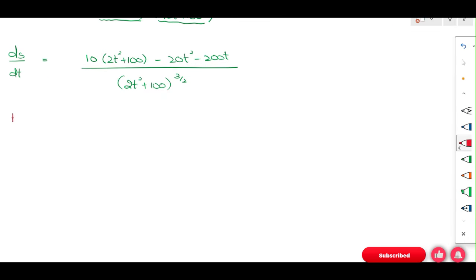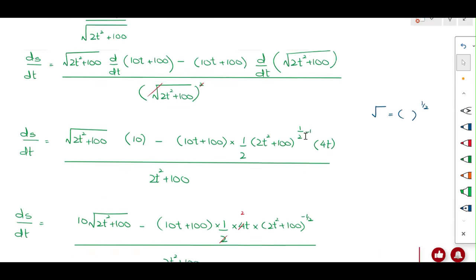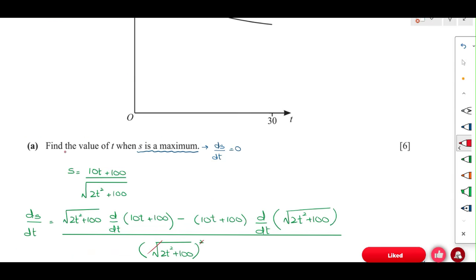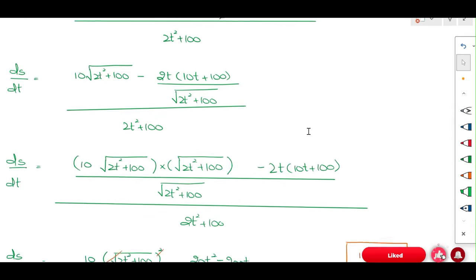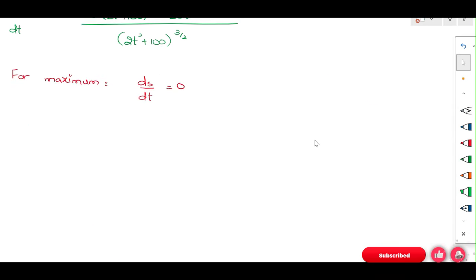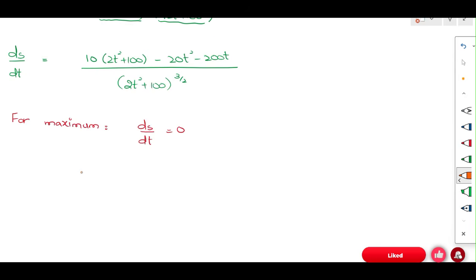Now we can say for maximum, what we have to do, we need to put the derivative of displacement with respect to time equal to 0. So this whole expression should be equal to 0 and solve for the time, because they said we need to find the value of time when the displacement is maximum, right? Okay, so we need to solve for t. Let me put this whole thing equal to 0.